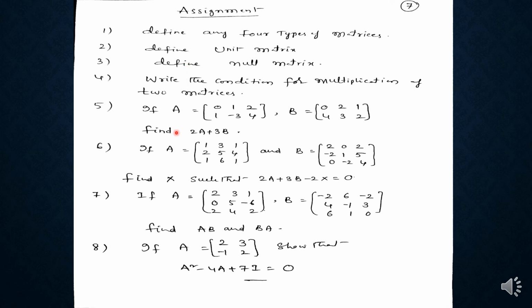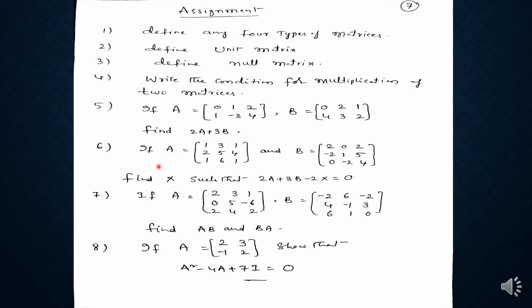Fifth question, if A is equal to [0 1 2; 1 -3 4], B is equal to [0 2 1; 4 3 2], find 2A plus 3B. So to find this, multiply A with 2 and B by 3. Then add these two matrices, we will get the solution.